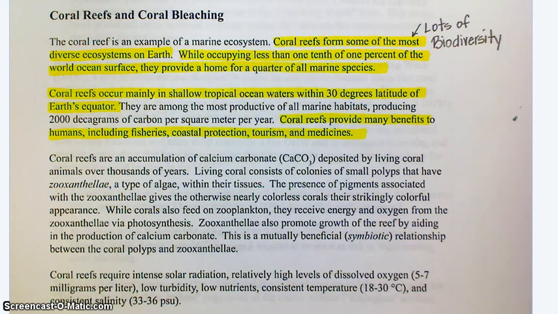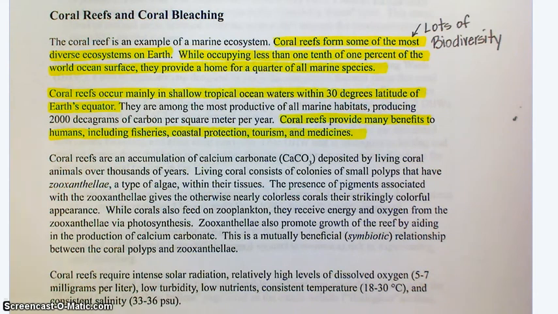While corals also feed on zooplankton, which is plankton that's more animal-like, as opposed to phytoplankton, which is more plant-like, they receive energy and oxygen from the zooxanthellae via photosynthesis.